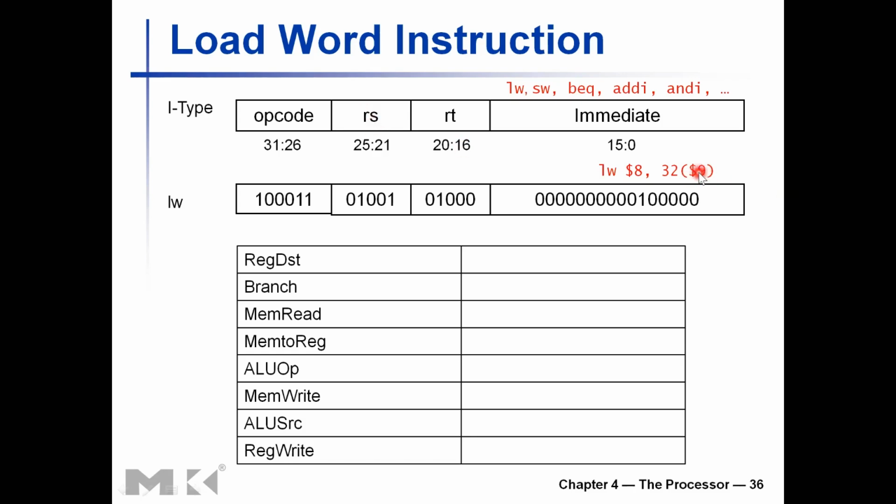Take the base address stored in register number 9, add an offset of 32 words to that, and go to the memory, read from that total address, and get the result, save it in register 8. Register 8 is a destination register given by this RT field, right? So bit 16 to 20 in this case is the destination register.